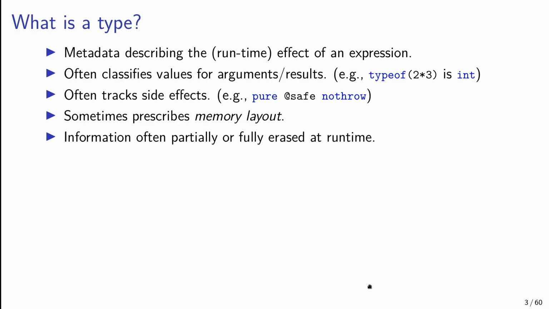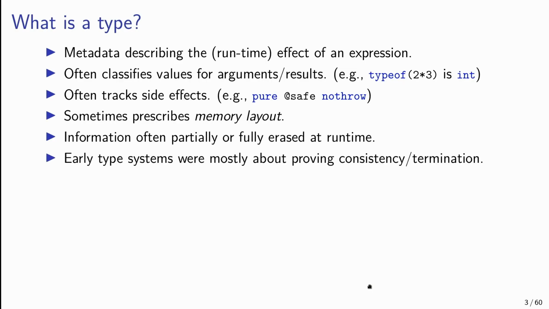All right, so one interesting tidbit is that early type systems were mostly about proving consistency or termination. So for example, if you know about set theory and lambda calculus, there are those tricky things, like a set that cannot decide whether it's a member of itself. And this is a lambda term that runs without termination, which reduces in one step to itself, right?